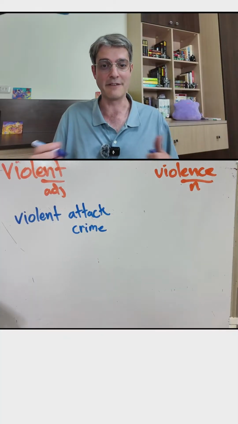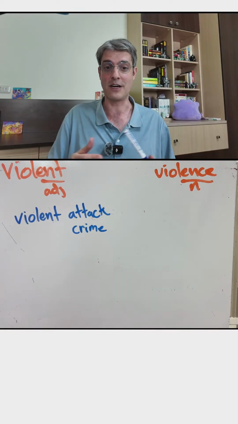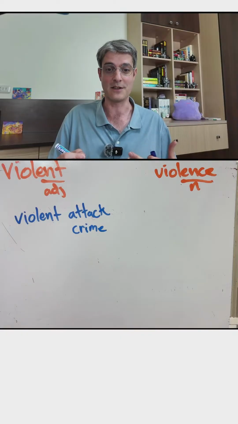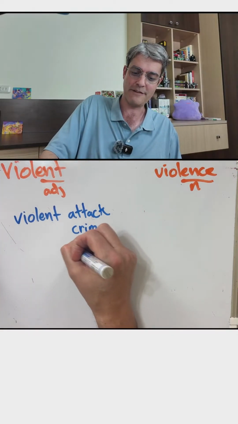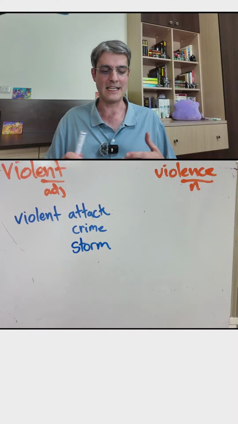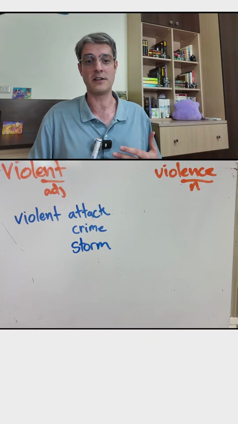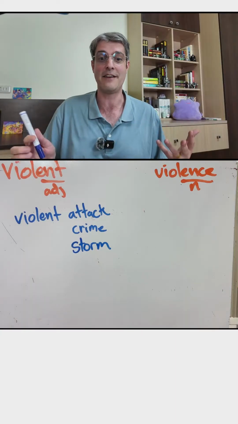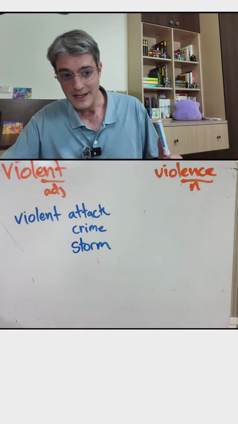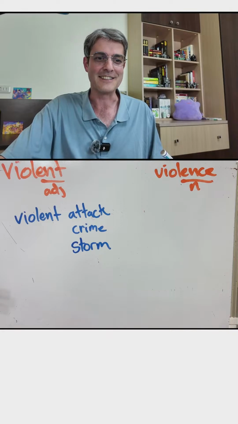Some crime is non-violent crimes where nobody is physically hurt, but a violent crime is where someone is actually hurt. Or a violent storm would describe something like a typhoon or a hurricane or a thunderstorm where there's strong winds, there's heavy rains, and maybe a lot of thunder and lightning. All right, so here we go.